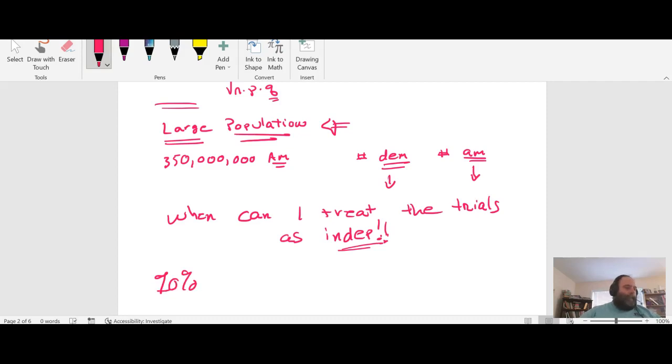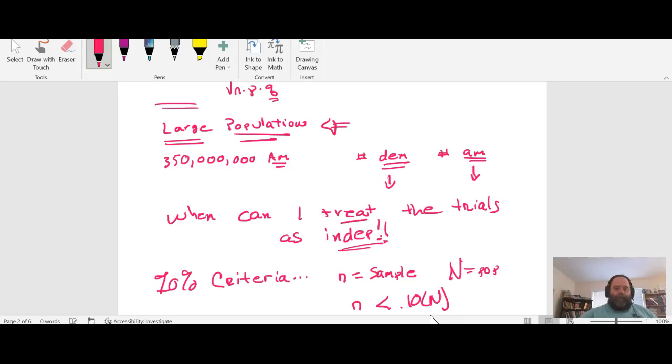Okay, so this 10% criteria. Basically the rule is this: if my sample size, little n, and my population size, big N, are such that the sample is no more than 10% of the population, then I can treat the trials as though they are independent.